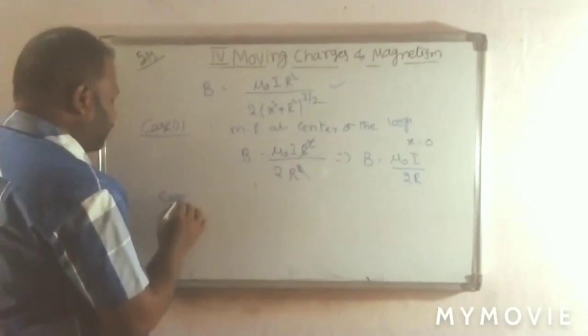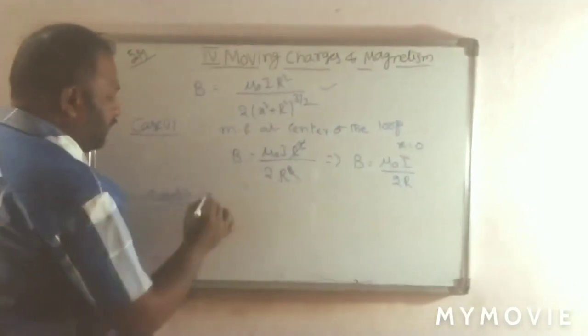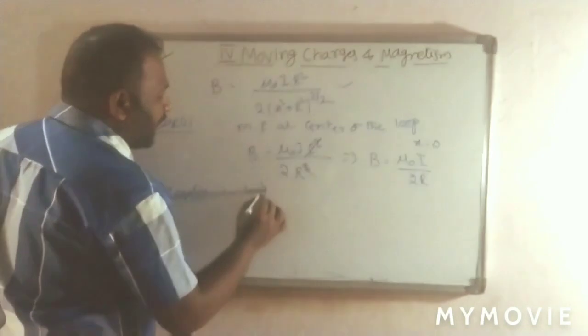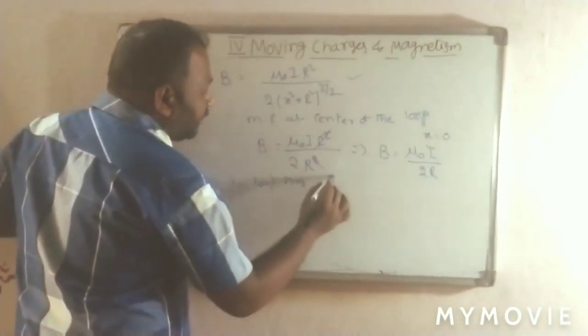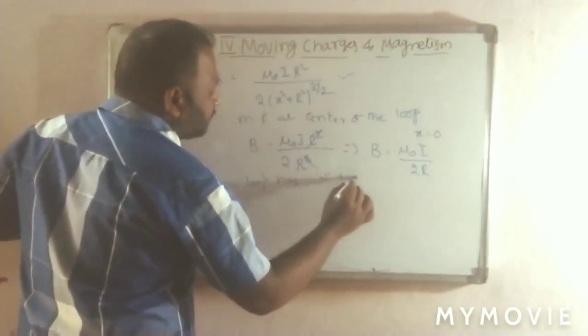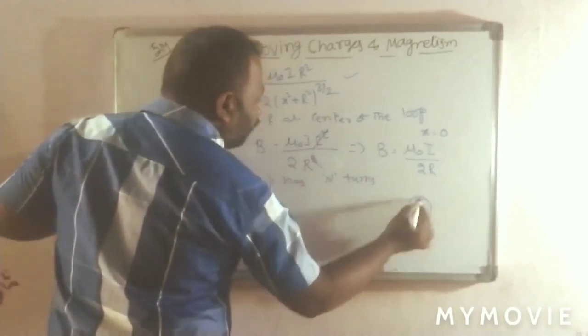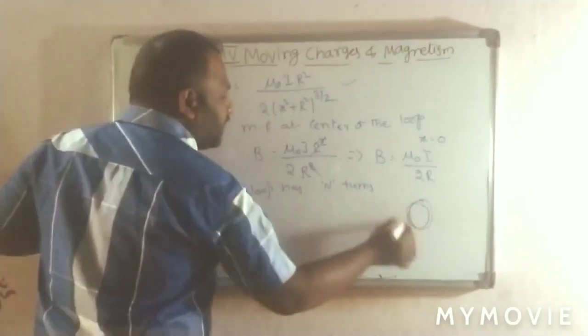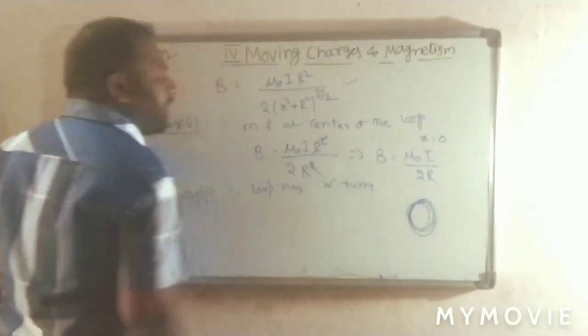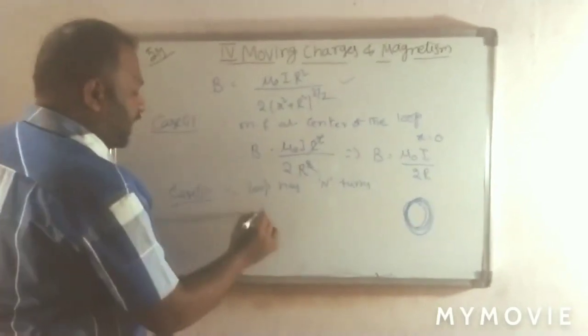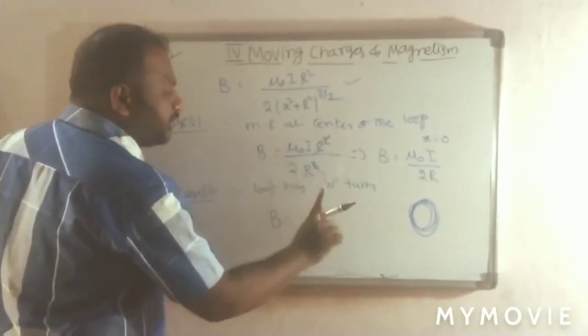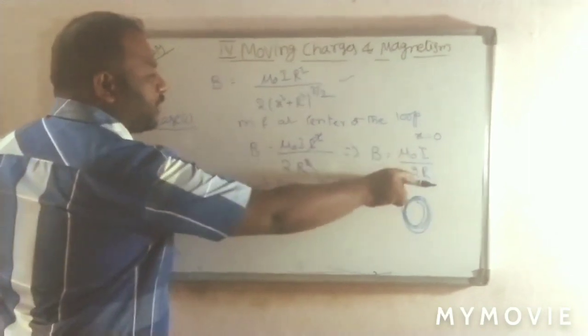Next is another case. If the loop has n turns, means we take a loop like this. If it is n turns, it has a number of turns like that. Then the magnetic field due to one loop is mu naught I by 2r.